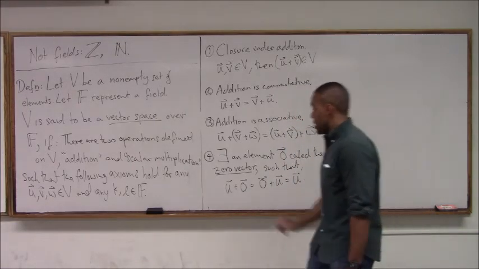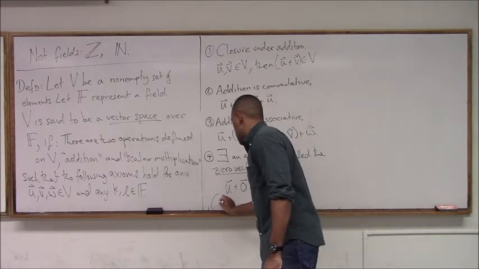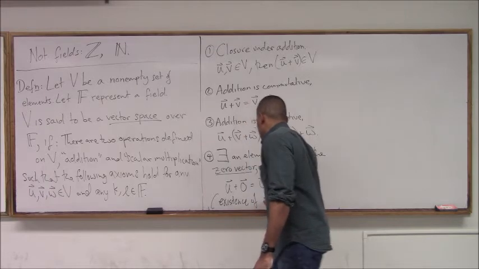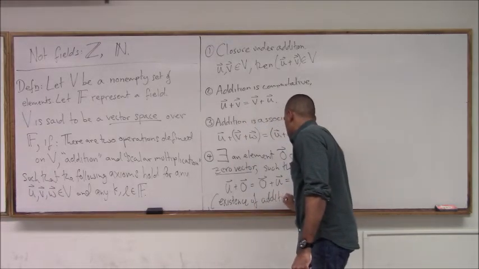This is called the additive identity. So this is the existence of an additive identity.